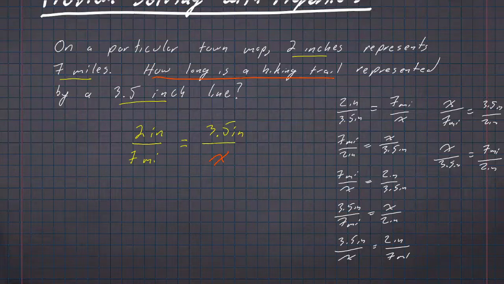You only need one. It doesn't matter which one you choose. And the reason that these all will work is if you take the next step. The next step in solving a proportion is to use the cross product test. No matter which of these proportions you set up, you will notice that it turns into 2 times x is equal to 7 times 3.5, or 7 times 3.5 is equal to 2 times x.